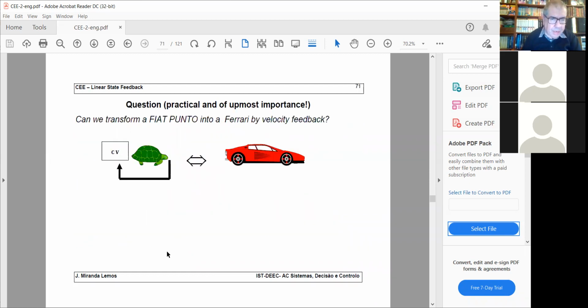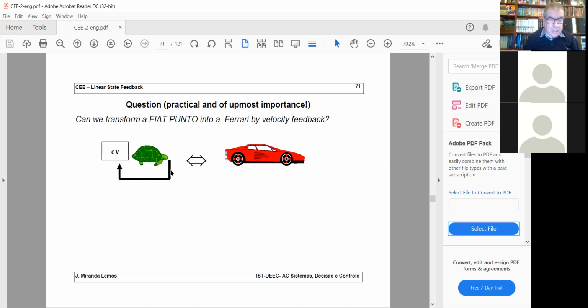I would like to discuss with you this problem. Suppose that you buy a Fiat Punto. A Fiat Punto is a quite respectable car, but it's not so fast. So you go to the supermarket and buy some electronic components and an Arduino, and you do a state feedback so that you control the velocity of the Punto.